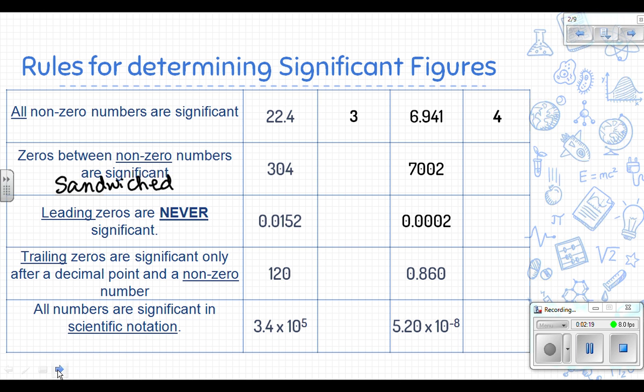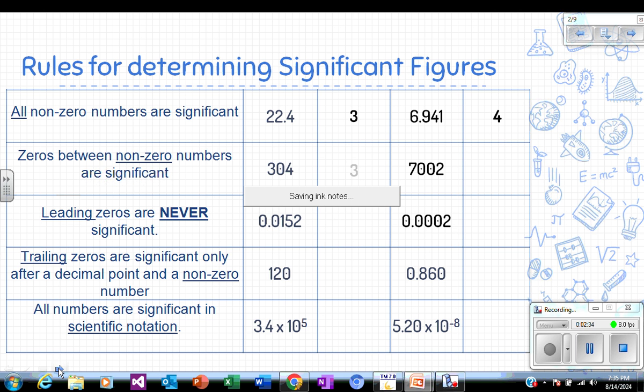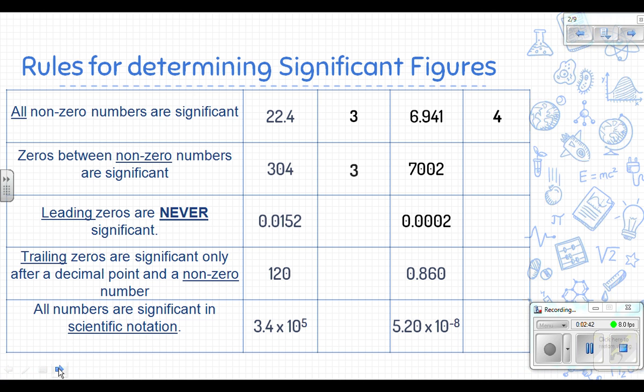The 0 is in between the 3 and the 4, which are non-zero digits, so that makes 3 significant digits. Then we have 7002. The zeros are sandwiched, so that makes 4 significant digits.